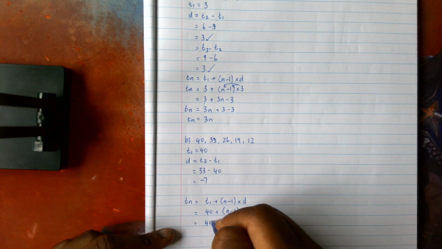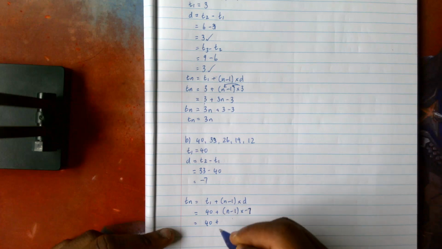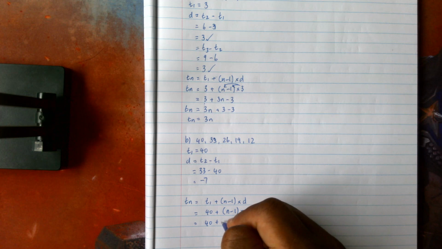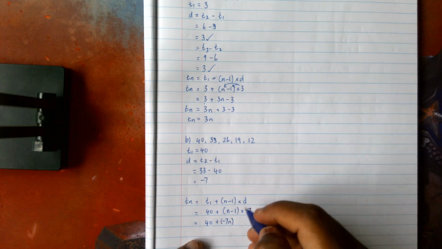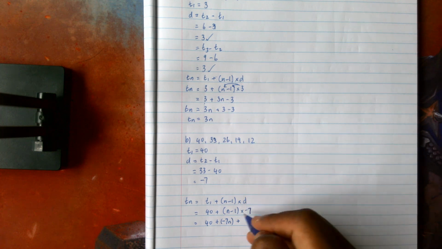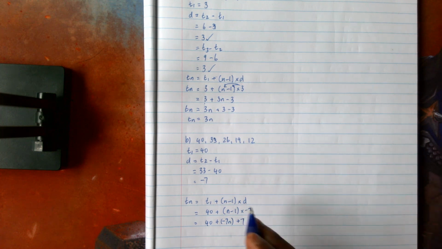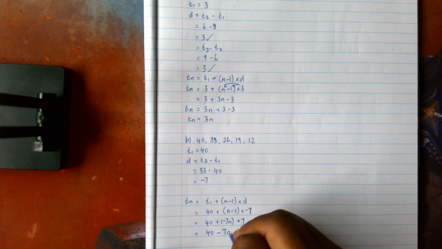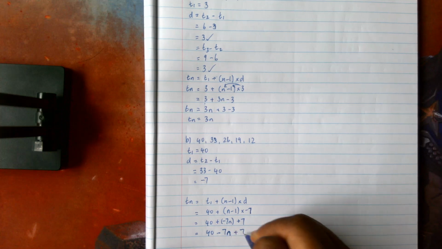That's 40 plus negative 7 times n is negative 7n. Negative times negative is a positive. 1 times 7 is 7. We know that's 40. Positive and a negative make a negative. So negative 7n plus 7.